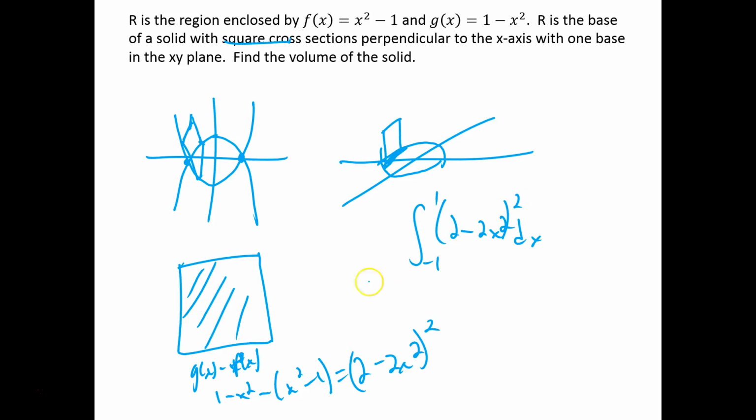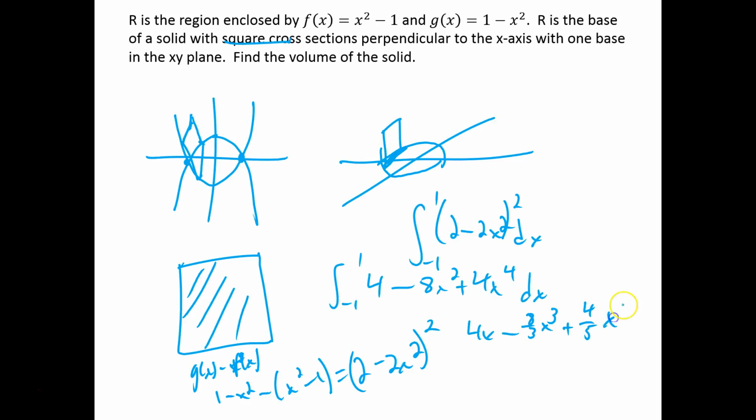So if we multiply that out, the integral from negative 1 to 1 of 4 minus 2 times the first times the second, which will be 8x squared, and then plus 4x to the 4th dx. So that'd be 4x minus 8 thirds x cubed plus 4 fifths x to the 5th, evaluated from negative 1 to 1.